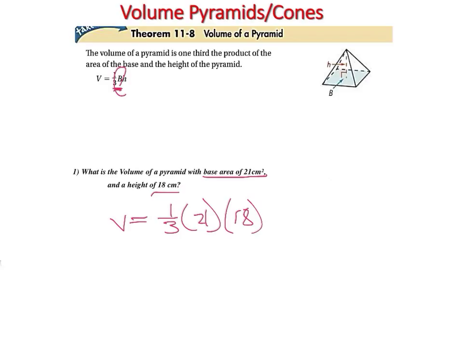So like in this picture, the area of that bottom part is 21, and the height from the center of it straight up to the vertex is 18. Multiplying that together, we'll get 126 cubic centimeters. Cubic because we're in volume.